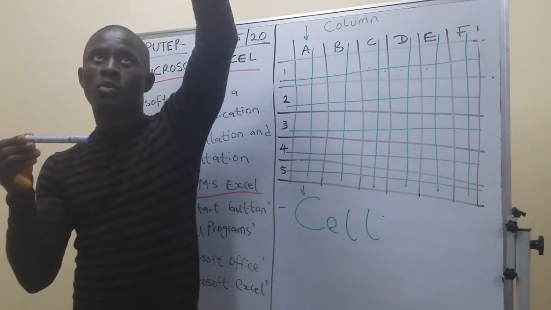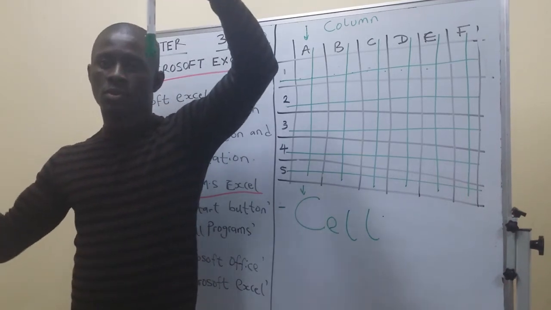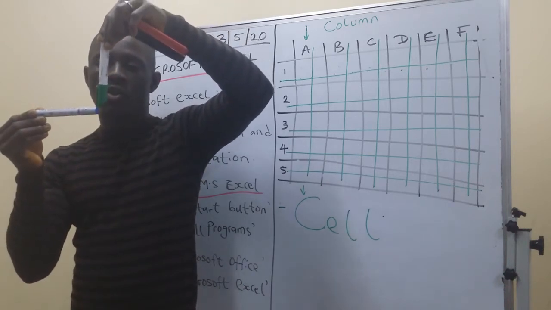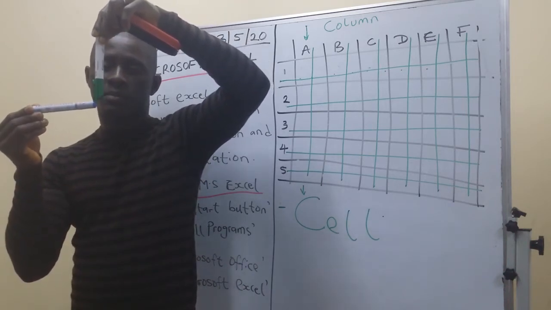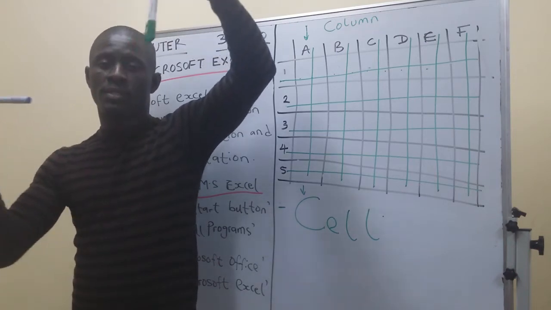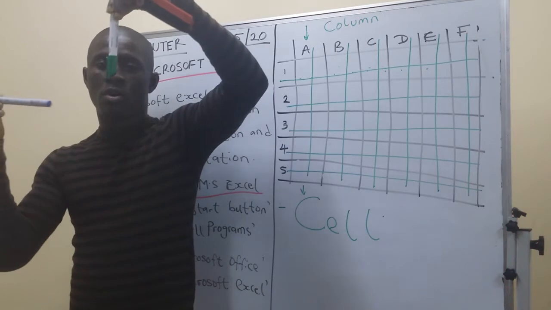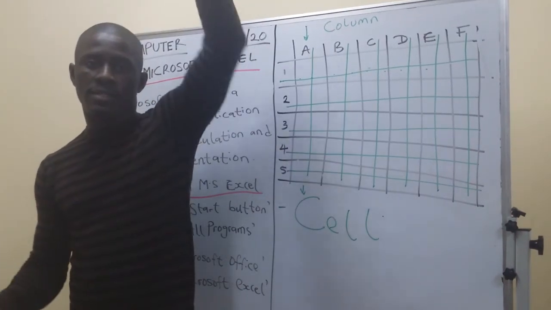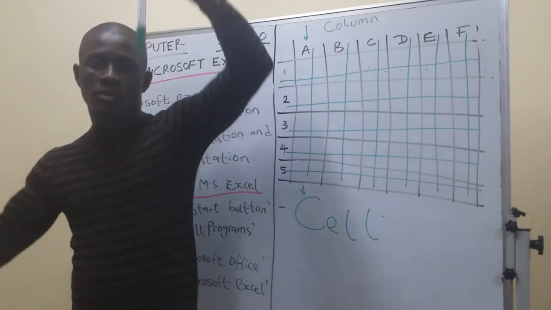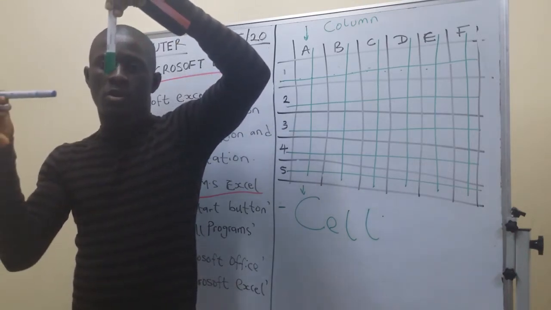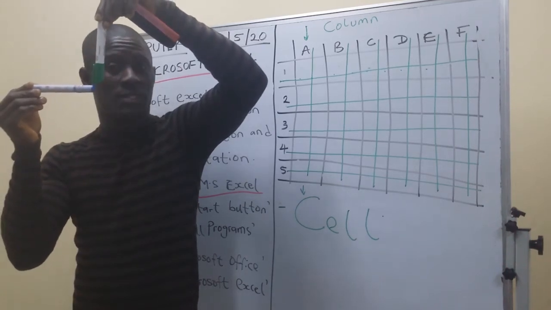So when column comes like this, row comes like this. Wherever they meet, they will form a cell. Column goes like this. Row goes like this. So the place where row and column meet, they form a cell.